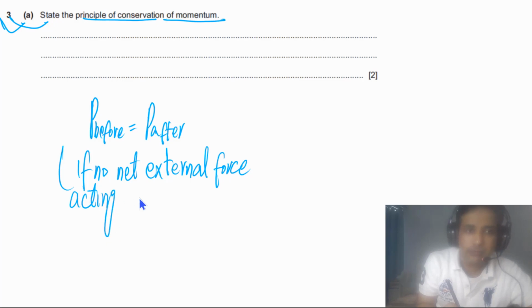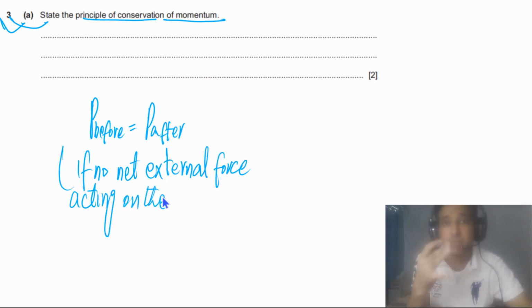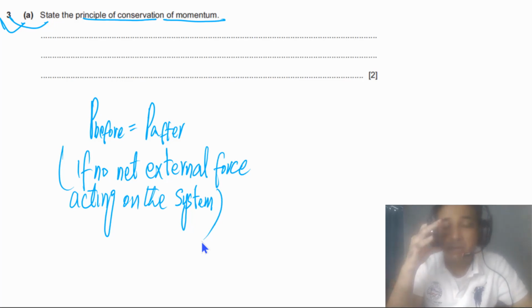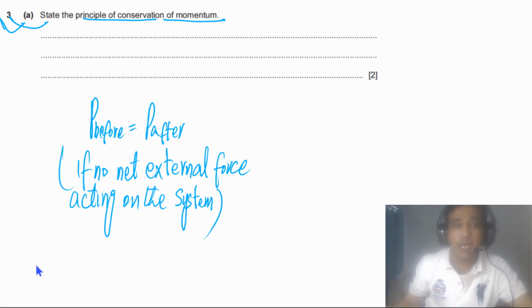Then momentum is conserved. This conservation law is obeyed if no net external force is acting on the system.